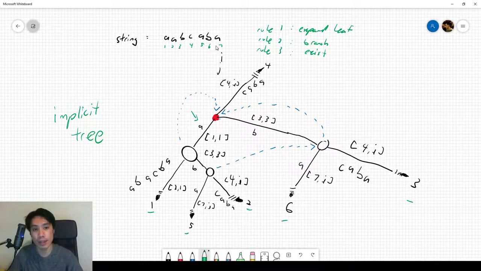But if you notice, number 7 is missing. 1, 2, 3, 4, 5, 6. Number 7 is missing, and the reason why it's missing is because it is an implicit tree, right? So if I want to convert into an explicit tree, I need to put in my dollar sign, which is for position number 8.